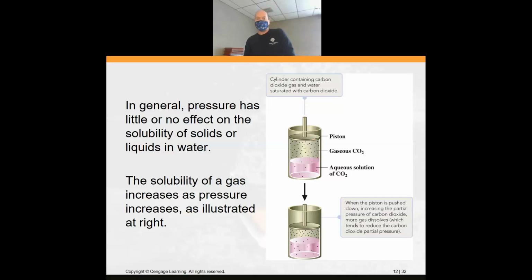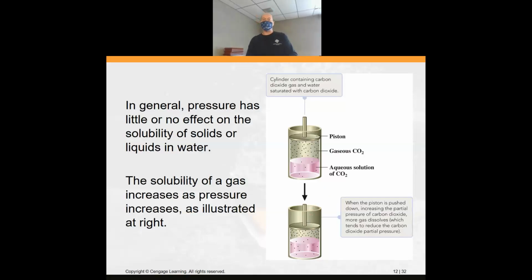All right, so here is your piston. Here are all your gas molecules. This is CO2. You're going to carbonate your beverage. You're going to increase the pressure and push the CO2 into your liquid. That's how they carbonate your sodas and waters.